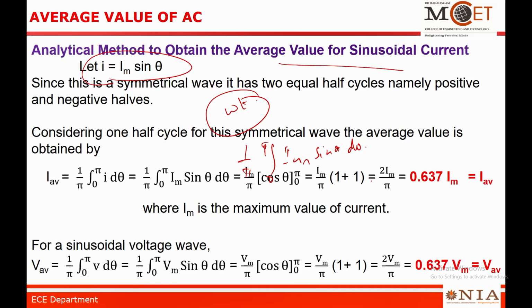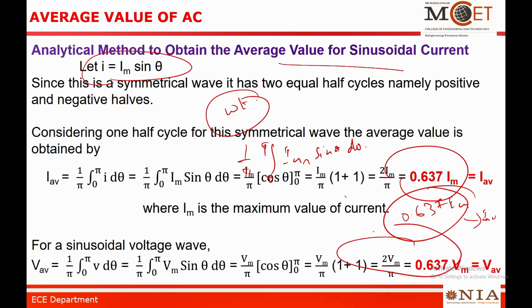So the value changes over to 0.637 Im. This value is equal to the average current obtained with the analytical method. Now for the alternating voltage, the average voltage across a sinusoidal wave is similar: 0.637 Vm.